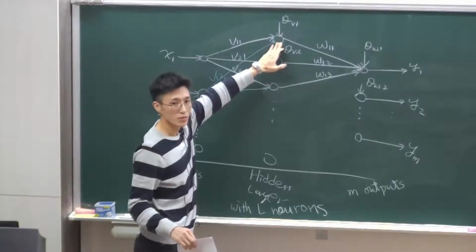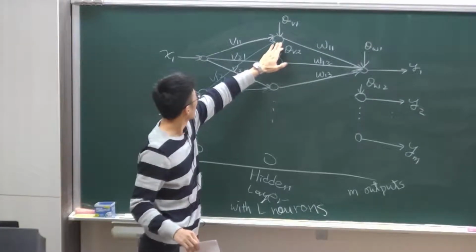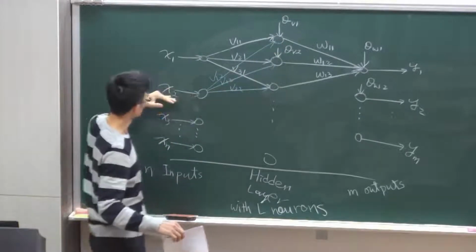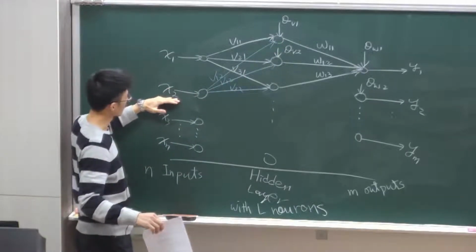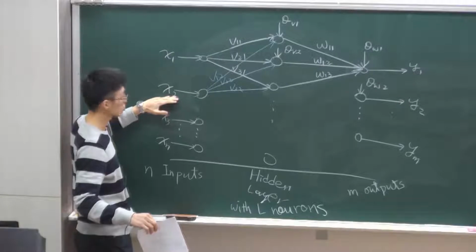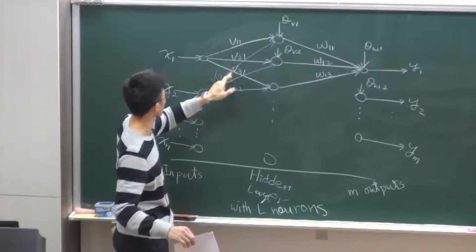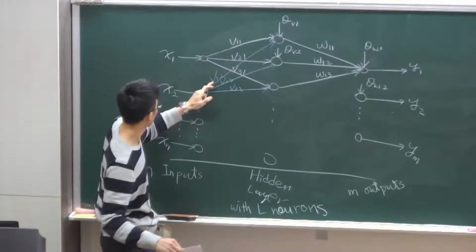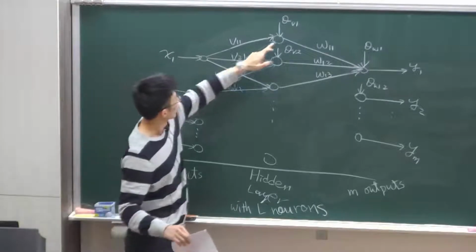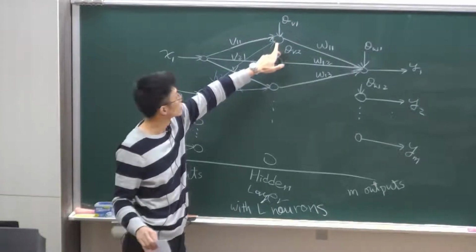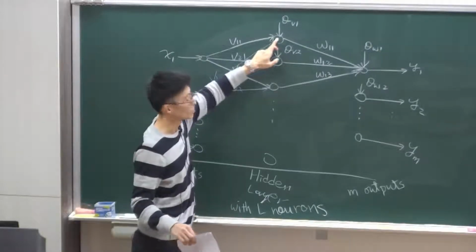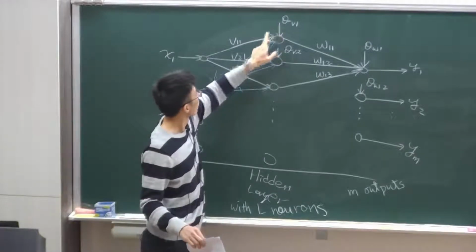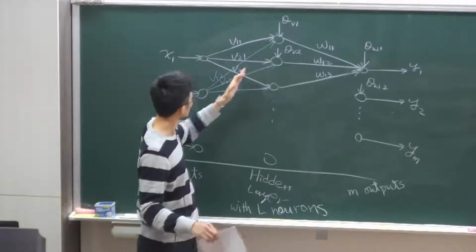But that's not the only input of the first neuron. The other input comes from the second input: x2 times v12 will be another input to this neuron. So it's 1, 2, and some others.